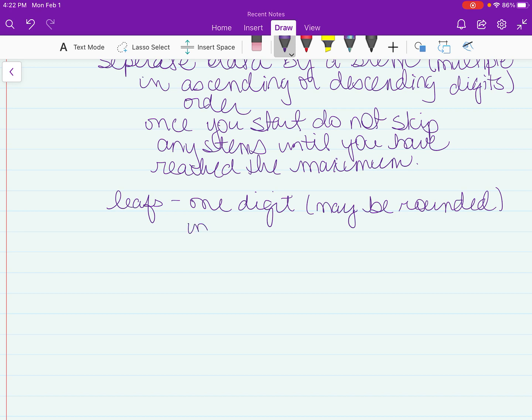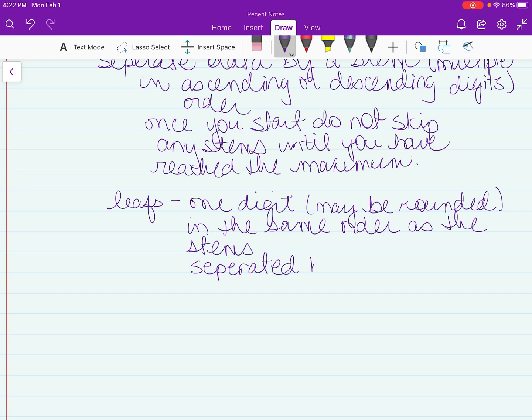They are in the same order as the stems, and they are separated by space, not commas.